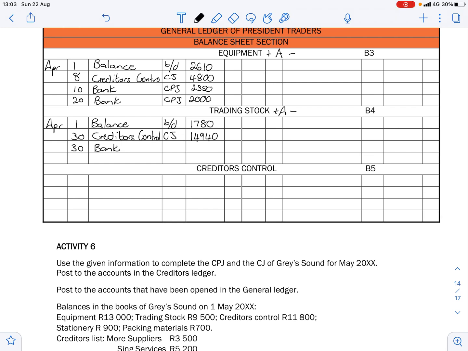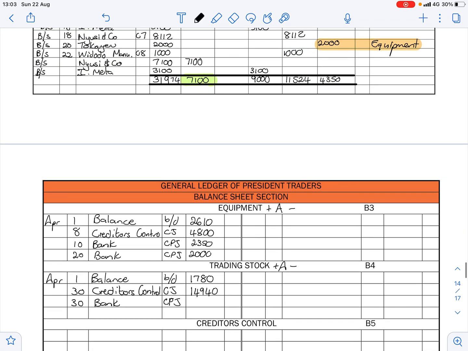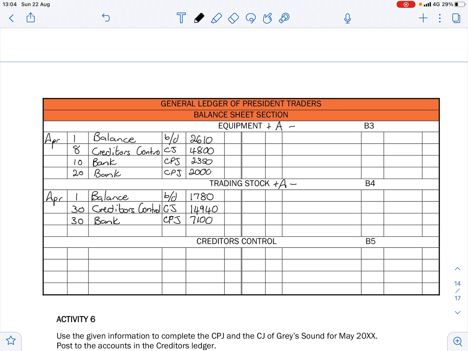Due to us purchasing it with cash, we use our contra account bank, and we get this information from the CPJ, and we purchased 7,100 Rand worth of stock for cash. Ordinarily we'd also be selling trading stock, so we would have cost of sales from the CRJ for our cash sales, and cost of sales from the DJ for our credit sales, all on the credit side of this account. However, there's nothing else here because they don't give us any sales figures.